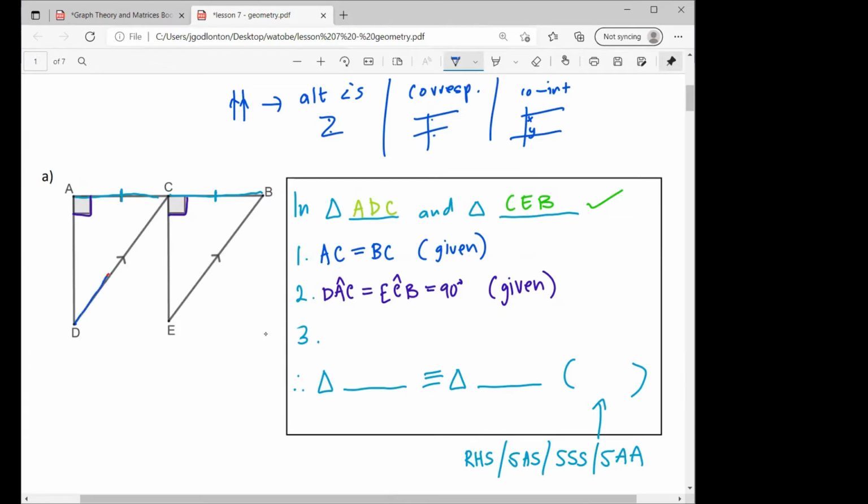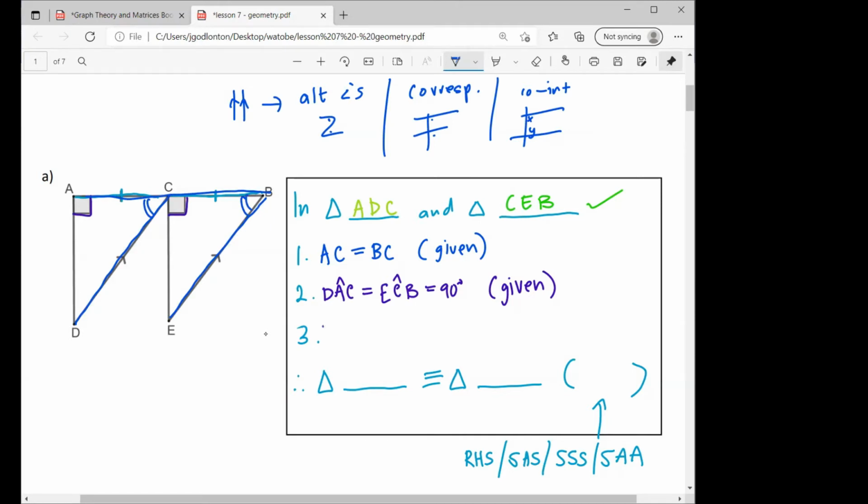And so here, if I look at these parallel lines, if I use the Z, it's not going to help me because that angle isn't in a triangle. But if I used an F, I could see that this angle is equal to that angle.